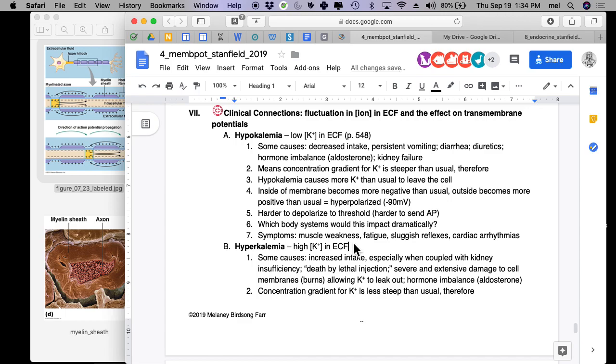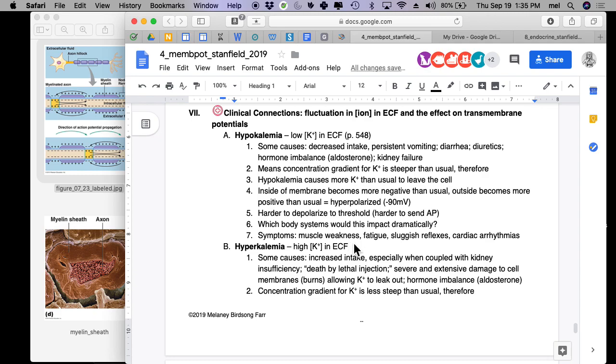It's not going to be minus 70. Let a whole bunch of potassium move out. No, it's not going to be 0. So what is it going to be? Maybe minus 90, right? Because if you let a whole bunch of positives, even more than normal, move out at rest, then instead of sitting at minus 70, you're going to become hyperpolarized.